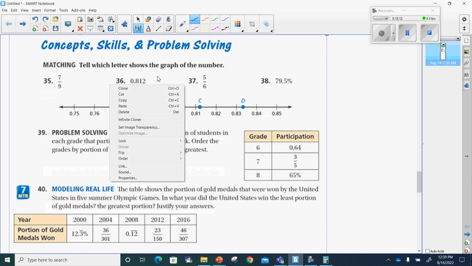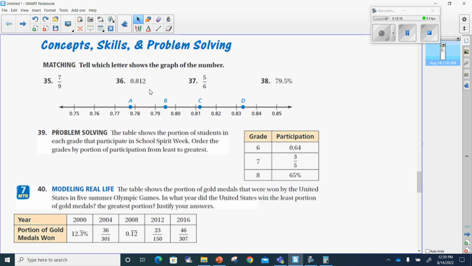Tell which letter shows the graph of the number. Okay, so I'm going to do number 1 here. Remember, every fraction is a division problem. This is really 7 divided by 9. I bring the decimal down. 9 goes into 70 7 times for 63.